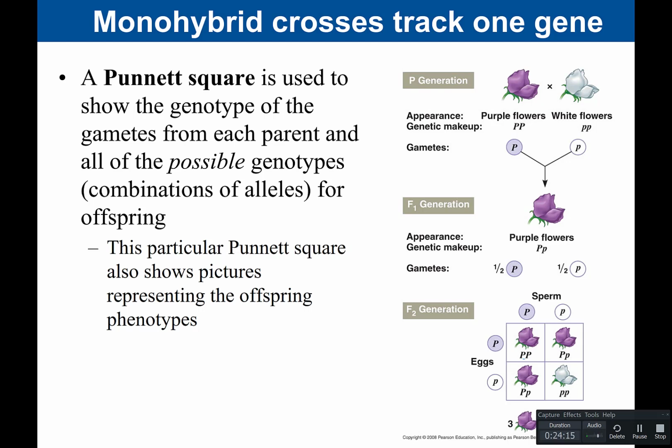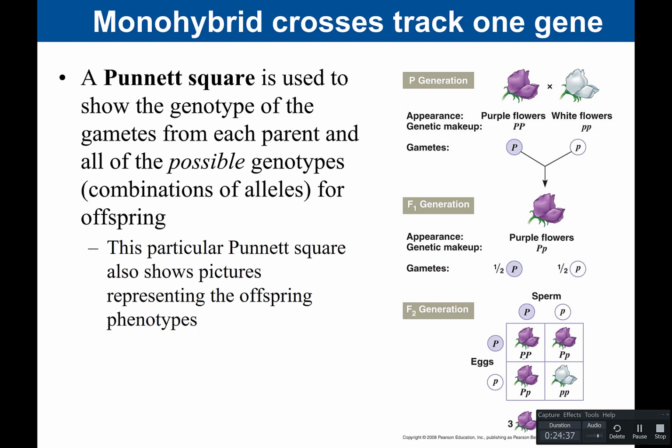So that has to do with our low number of offspring. Because we have a low number of offspring, we don't necessarily always see the expected ratio. The more offspring you look at, the more likely that those probabilities will match what happens in actuality. The same thing can be said with a coin.